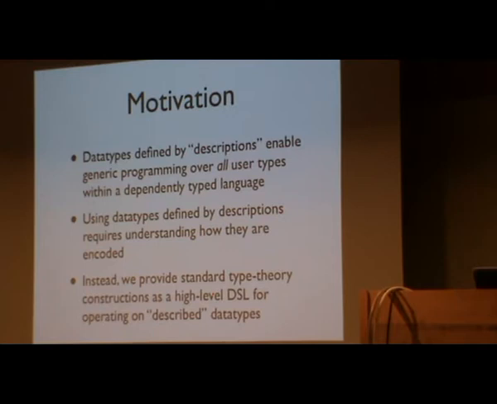So instead of making them learn what the encoding elaborates to, you can, using generic programming, provide type theory as a DSL for working with these described types, but you still get the benefits of the described types, which is that you can write generic functions as well.